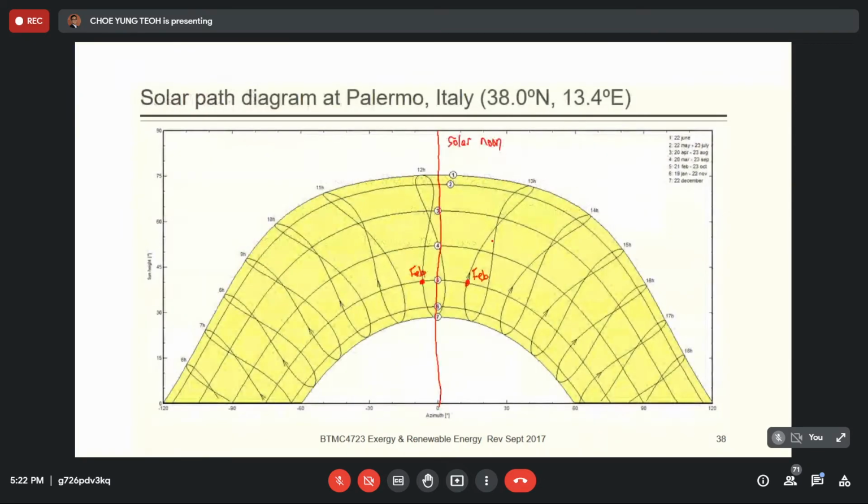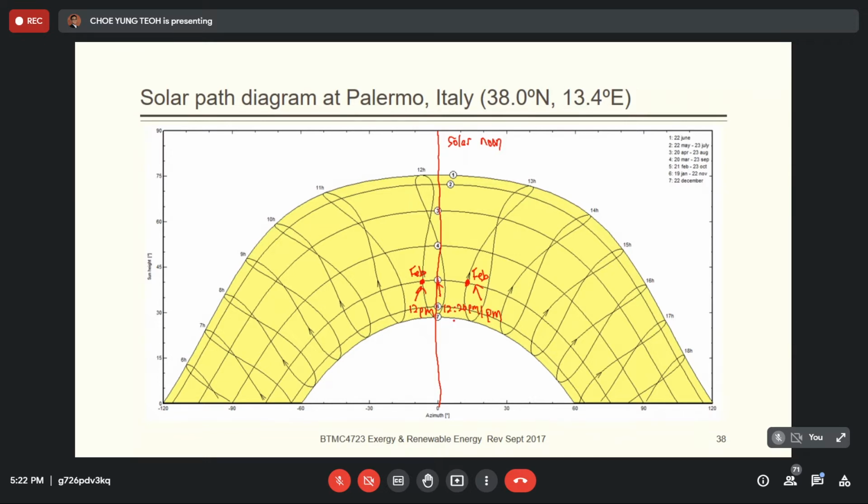So when is the solar noon in local time? You choose 11:50, wrong already because it's already after 12 p.m. Yes, 12:20. I think 12:20. Okay, quite close. Okay, here is 12 p.m. Here is 1 p.m. So solar noon, I think 12:20, quite reasonable.